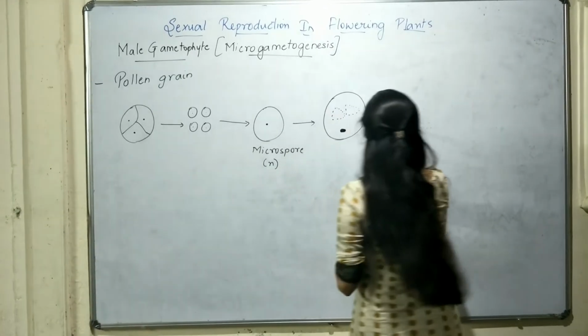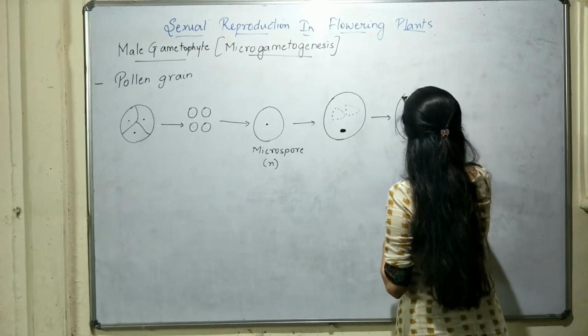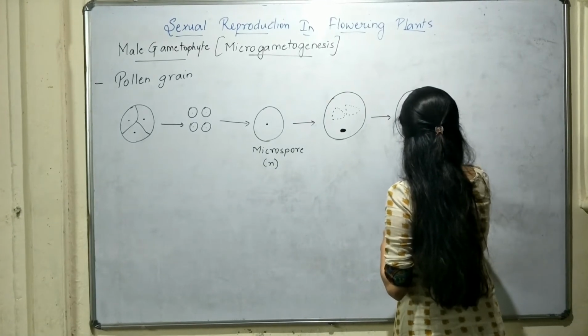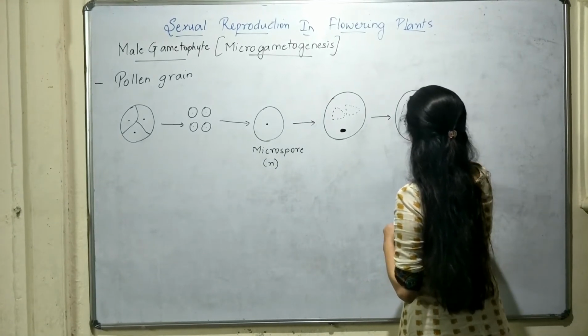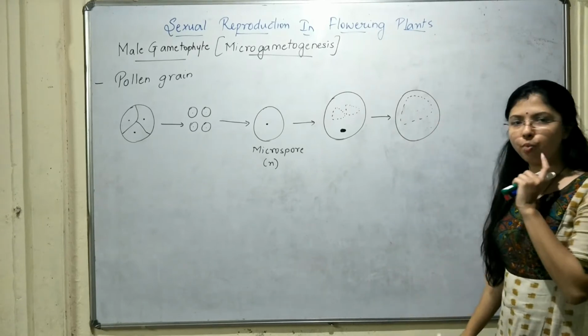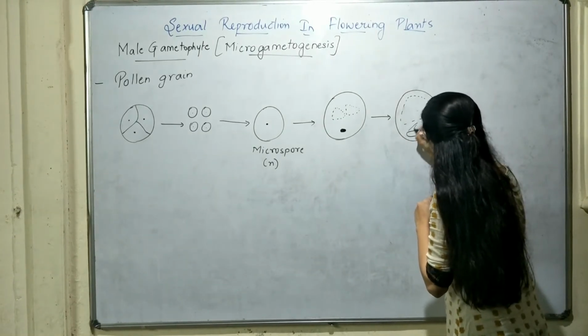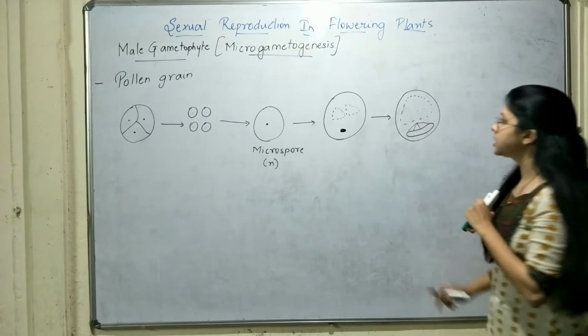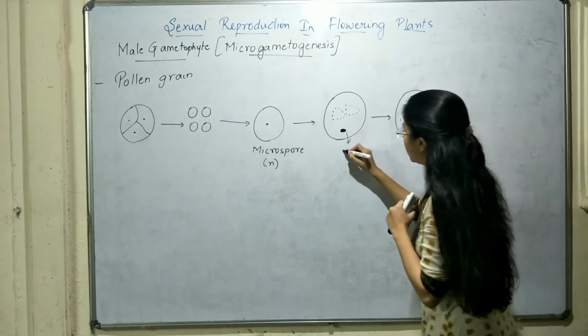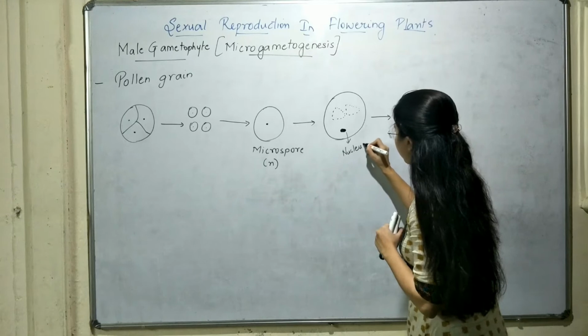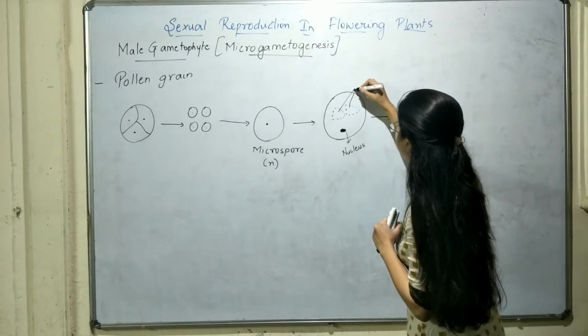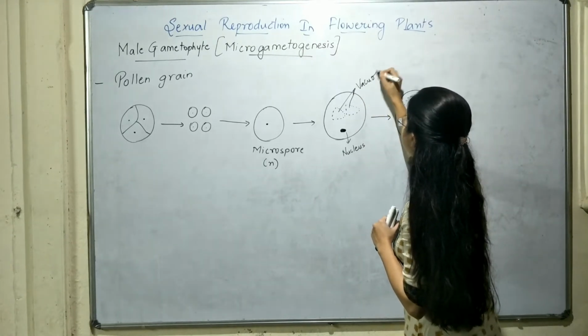These vacuoles will slowly keep on increasing in size and occupy the major part of the microspore. By this time, the nucleus will also start dividing. This is the nucleus present in the microspore, and these are the vacuoles that are present.